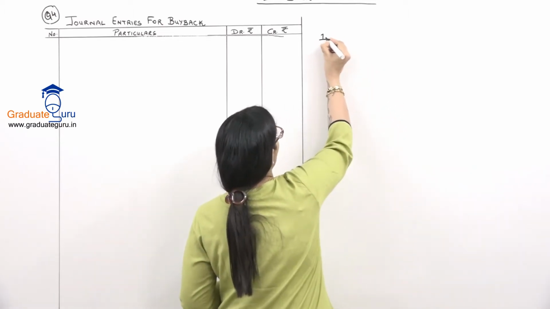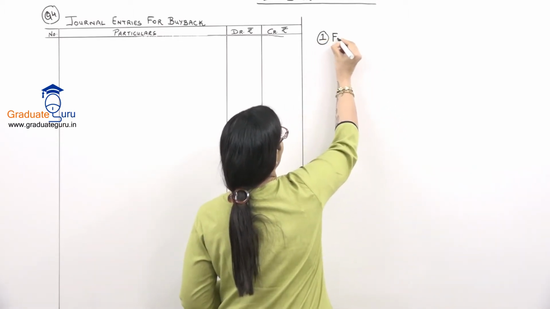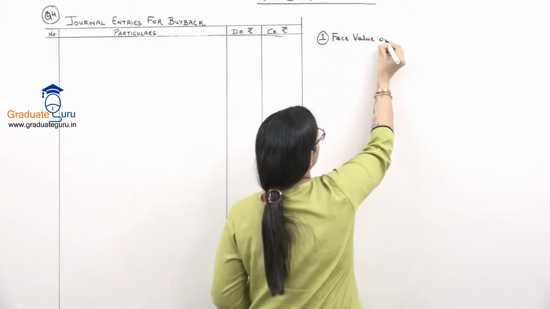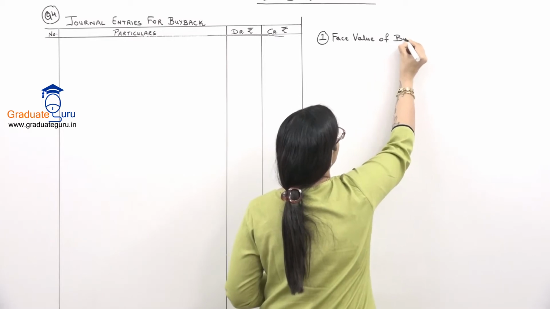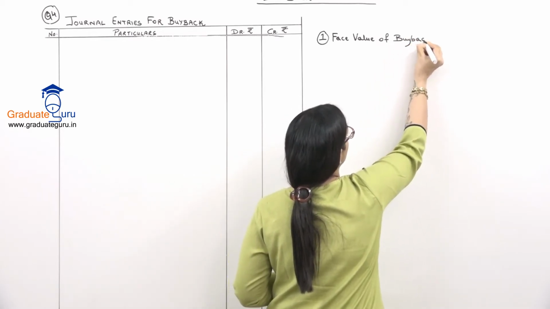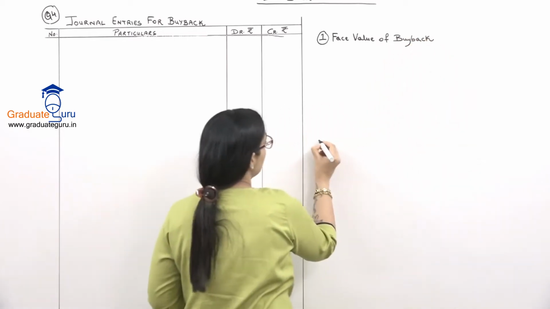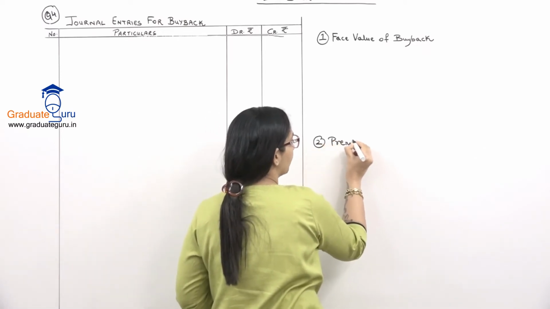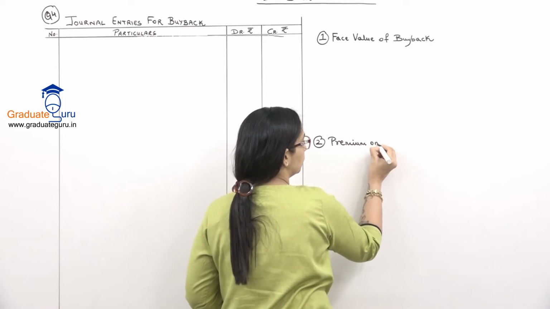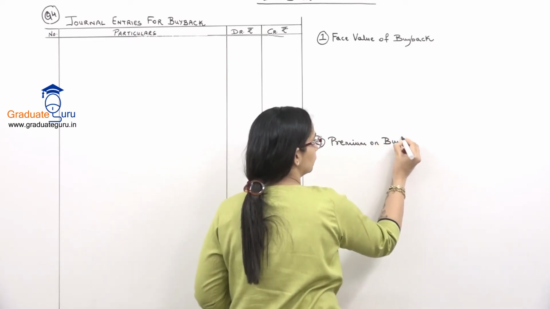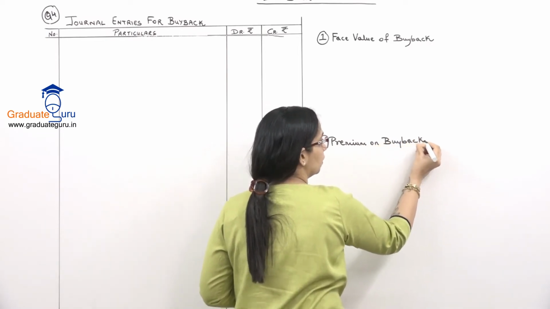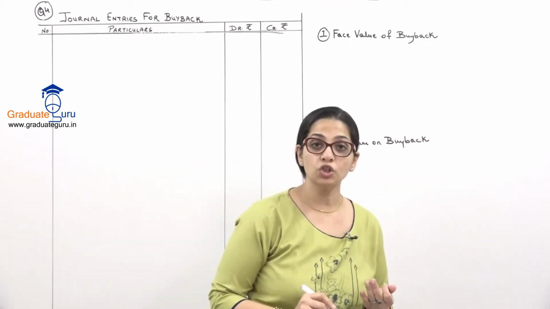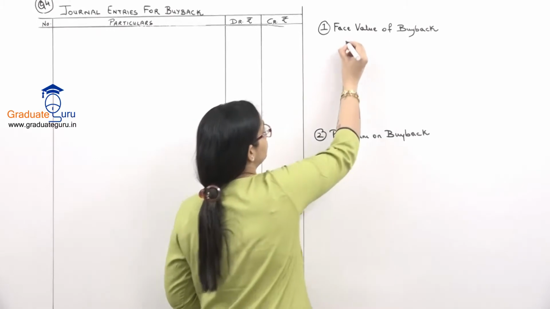My first equation is for face value of buyback, and my second equation is for premium on buyback. Face value, they have said 20,000 shares of 100 each.